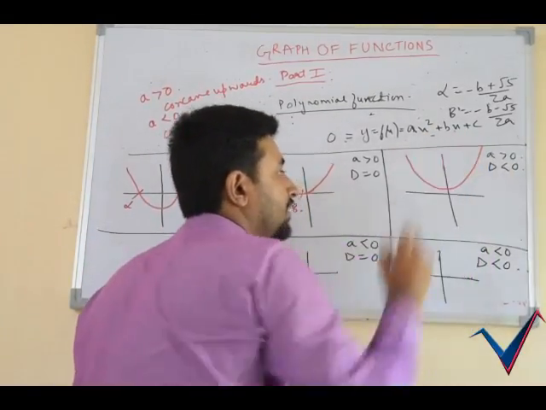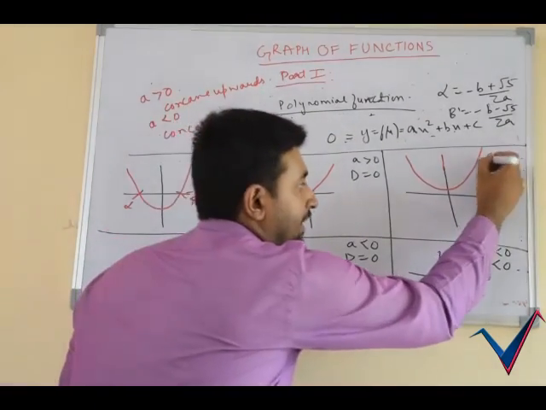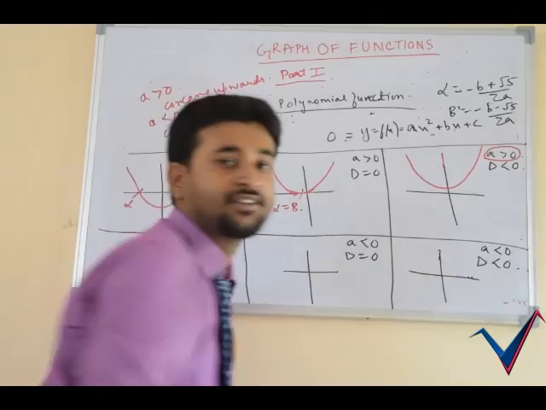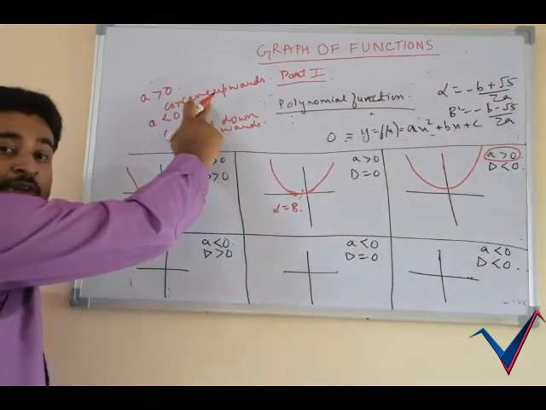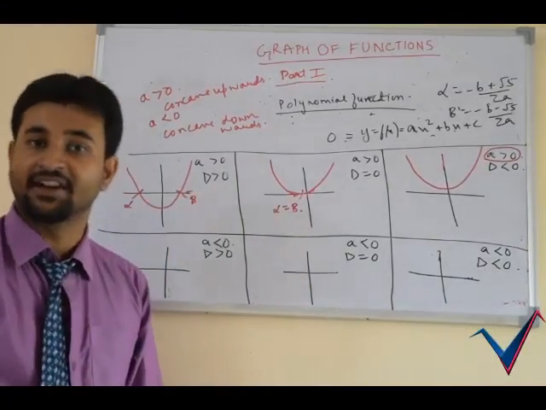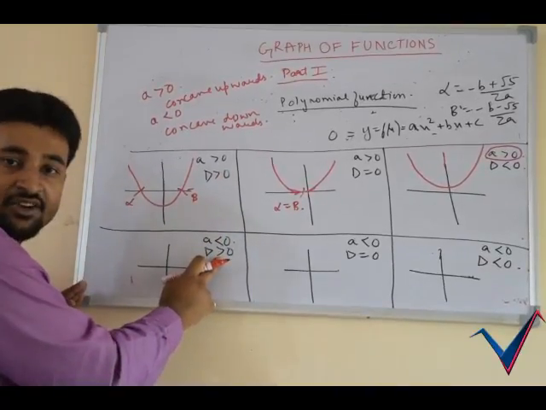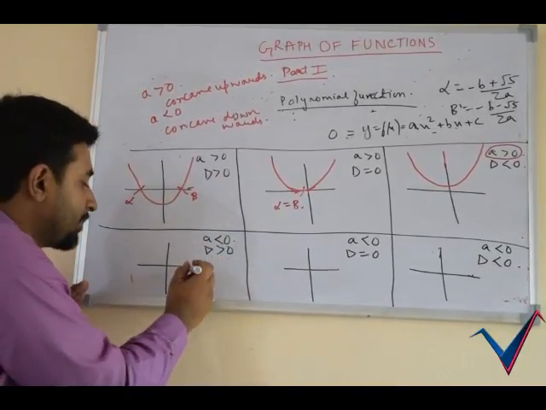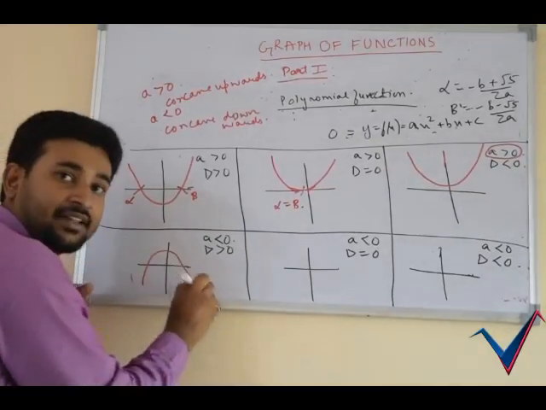Like this. So how do we decide whether the graph will be above or below? We decide it by considering the sign of a. If a is greater than 0, the graph will be concave upwards, as I explained here. And when a is negative, the graph will be concave downwards. So here also d is greater than 0, so it has two real roots, but the graph will be concave downwards. So it will look like this.